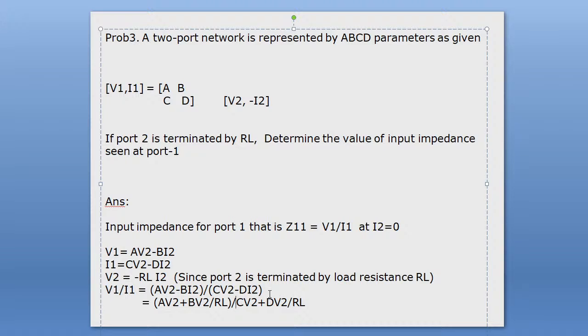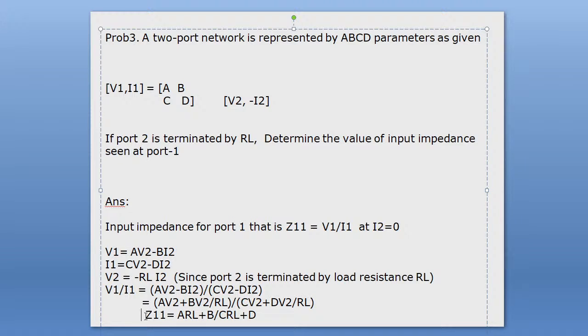So ultimately you will get, if you take V2 common, V2 cancels out: A RL plus B divided by C RL plus D. And this is nothing but the input impedance Z11.